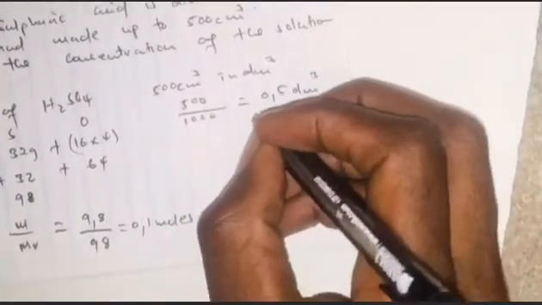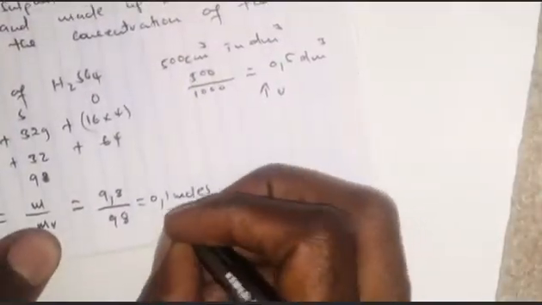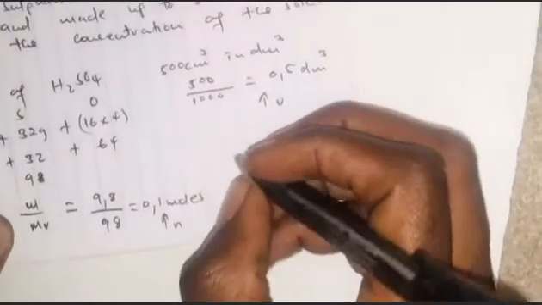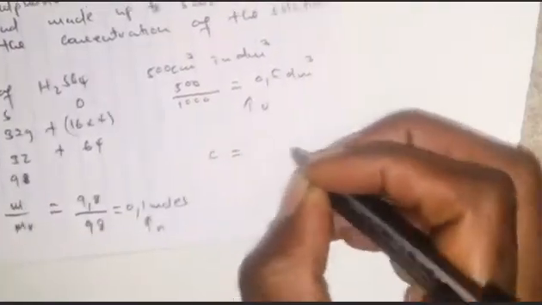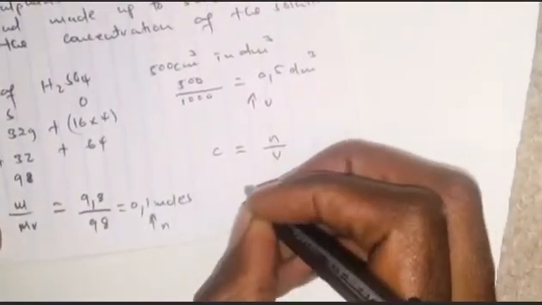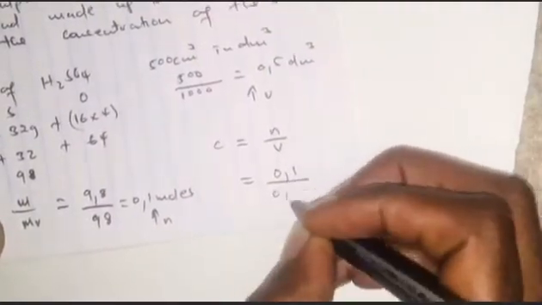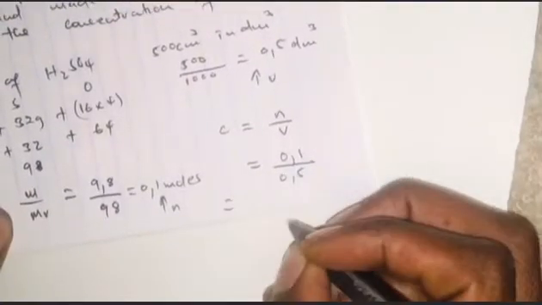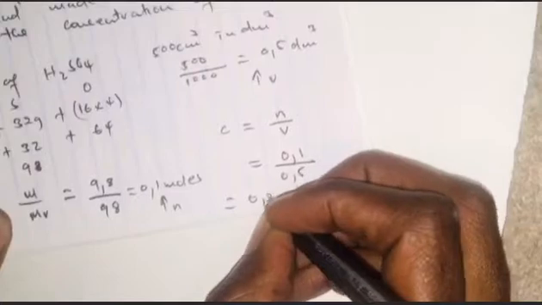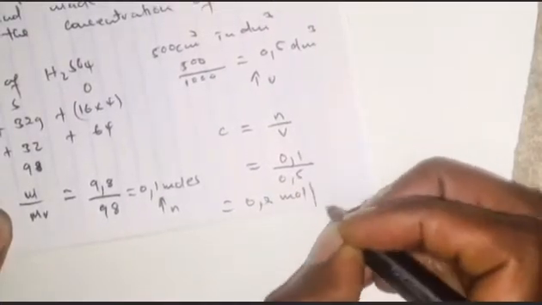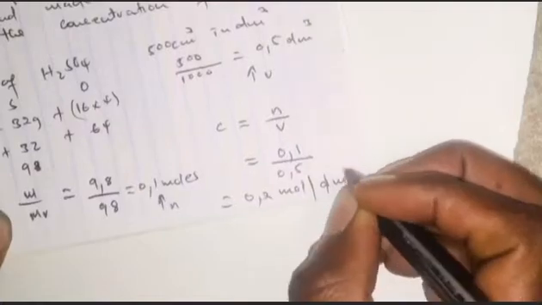So this being our volume and this being the number of moles, we can now use the formula for concentration being equal to number of moles over the volume. Then the number of moles is 0.1 over 0.5. Then of course the concentration will come out as 0.2 moles per dm cubed. That's the concentration.